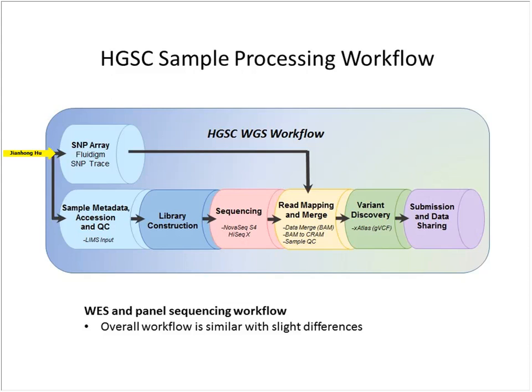Then one aliquot of the samples is assayed for SNP Trace, and then the gender information is sent back into the intake and compared with the metadata. Only the passing samples are moved to the downstream processing for library construction, sequencing, and then data analysis.